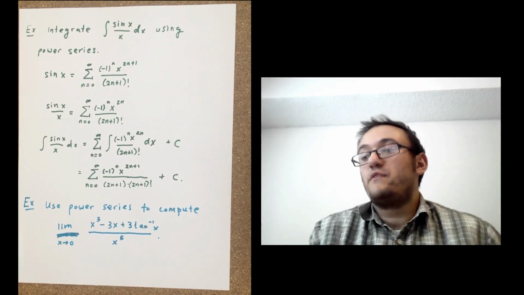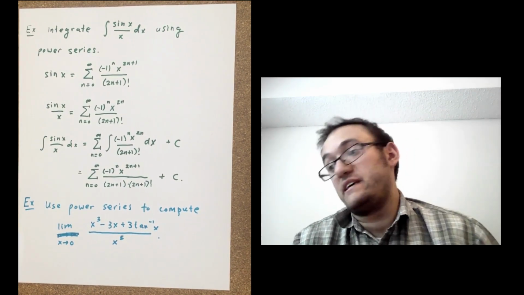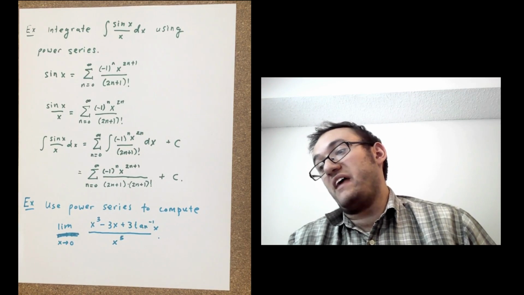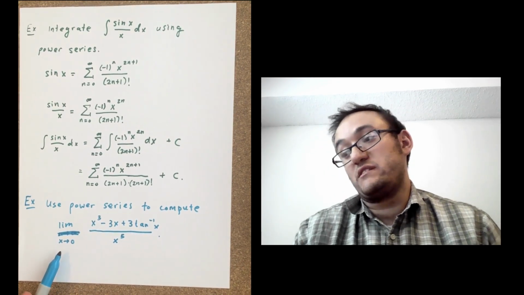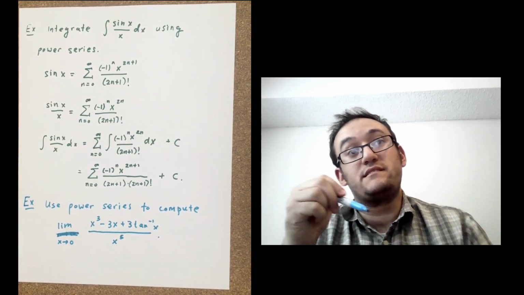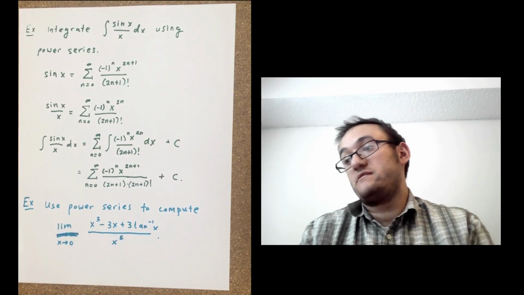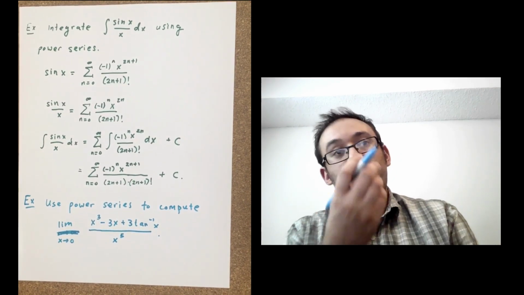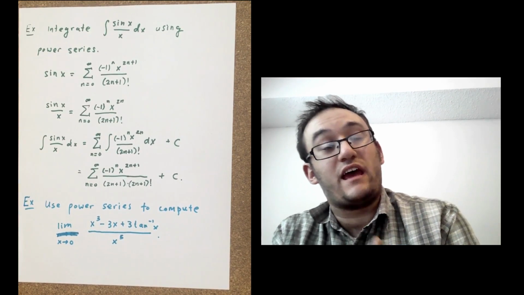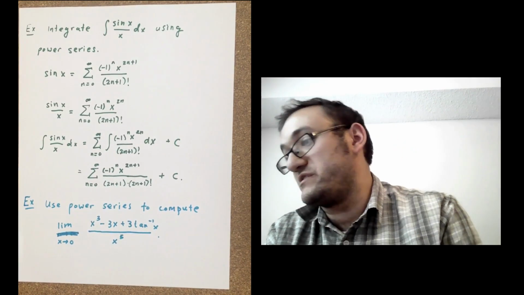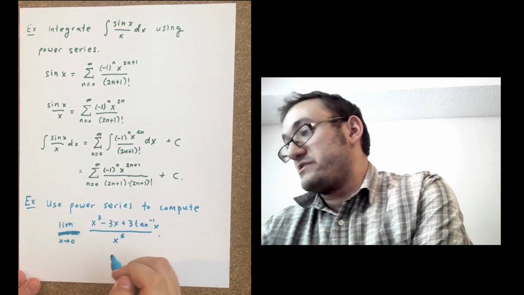So the reason that it's useful to use power series is that anything with a factor of x is going to vanish when we send x to 0. So we want to look at this function and figure out what part of it is constant and the rest of it is powers of x. So we use power series to do this.